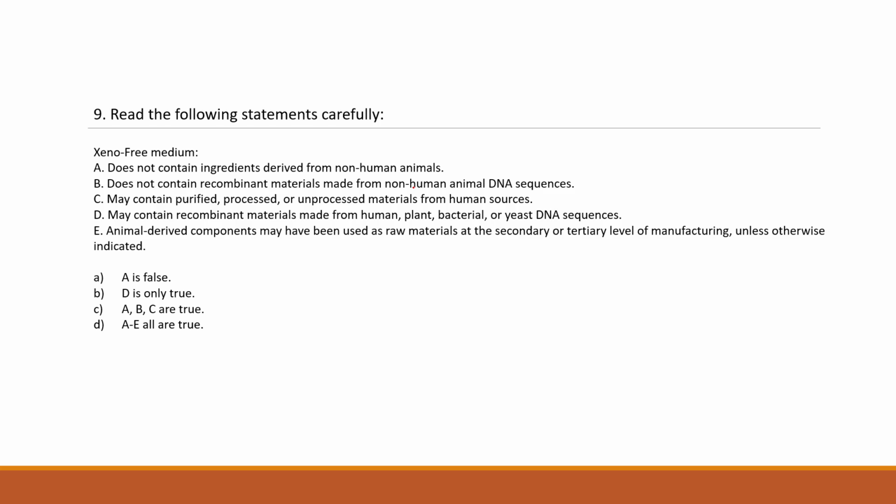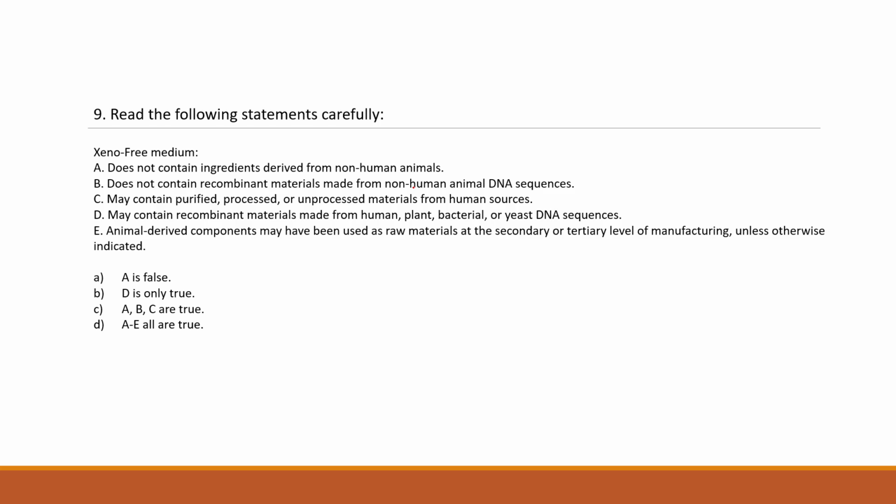Read the following statements carefully and then answer. Xeno-free medium. A, it does not contain ingredients derived from non-human animals. B, does not contain recombinant materials made from non-human animal DNA sequences. C, may contain purified, processed, or unprocessed material from human sources. D, may contain recombinant material from human, plant, bacterial, or yeast DNA.